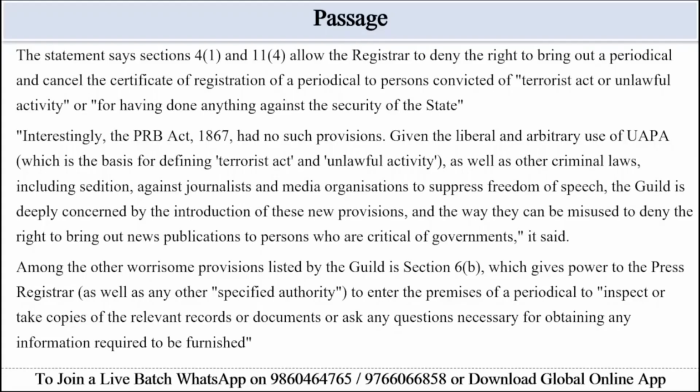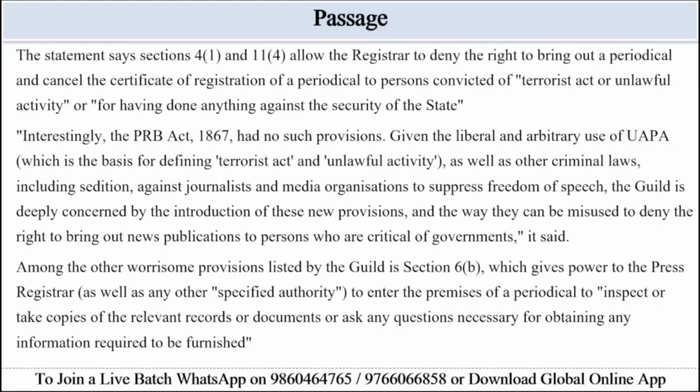So in short, the passage explains why the Editors Guild of India is worried that the Press and Registration of Periodicals, that is PRP Bill 2023, could seriously harm press freedom. The Guild objects to powers given to the press registrar and specified authorities, including possibly police and law enforcement agencies, to deny or cancel registration, enter premises, inspect records, and restrict those convicted under laws like UAPA and sedition from publishing.